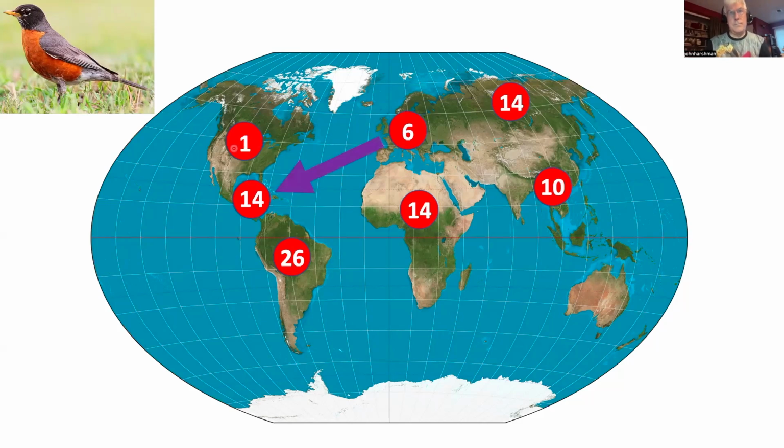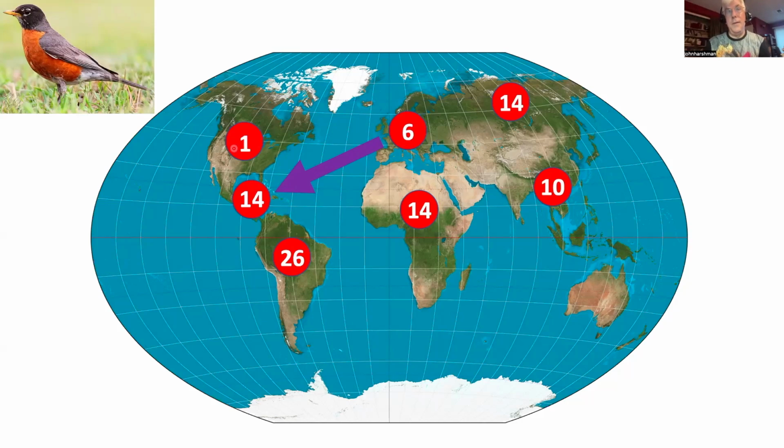Turns out that the New World species of Turdus come from a single ancestral species that found its way to America. And that route was apparently from Southern Europe to the Caribbean. And all the Turdus of the New World spread out from there.